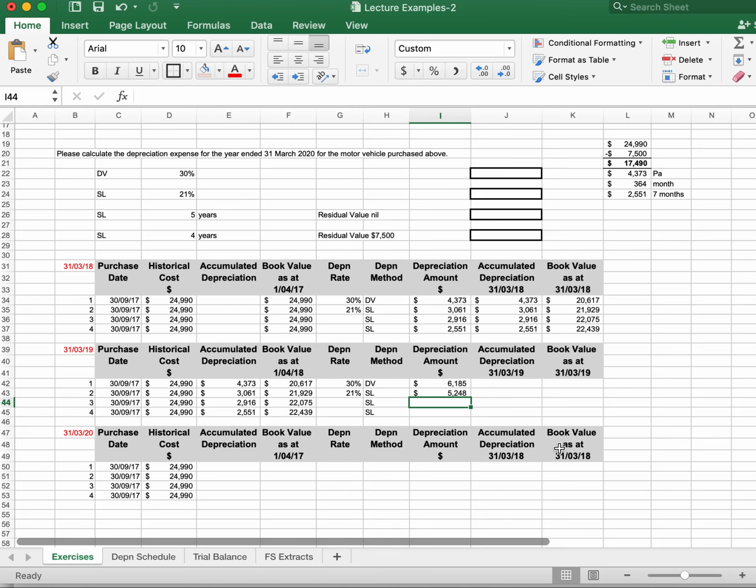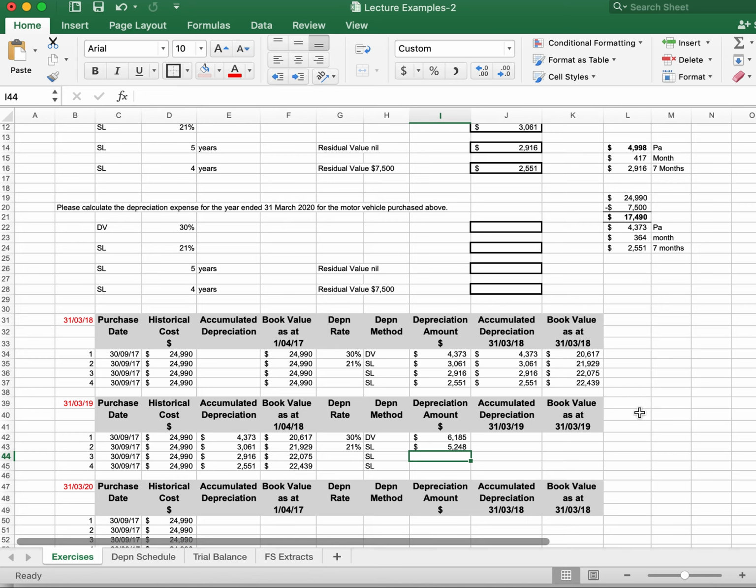All right? And we know that we've worked out the per annum ones for the other two, right? So that one there is always going to be that for a full 12 months.